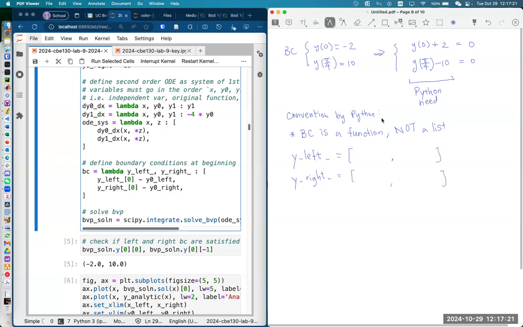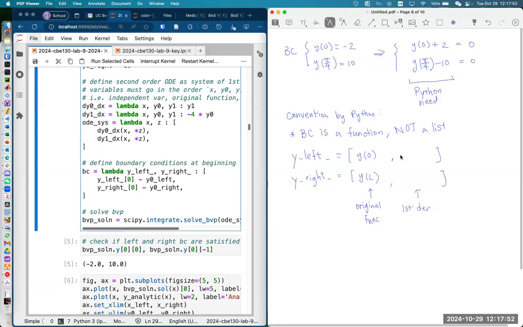It contains typically 2 arguments for 2 second order ODEs, or a system of 2 ODEs. So the first argument, or the 0th index, is the original function. So y left will be y of 0, and y right will be y of L. The second argument, or the first index, contains the first derivative.